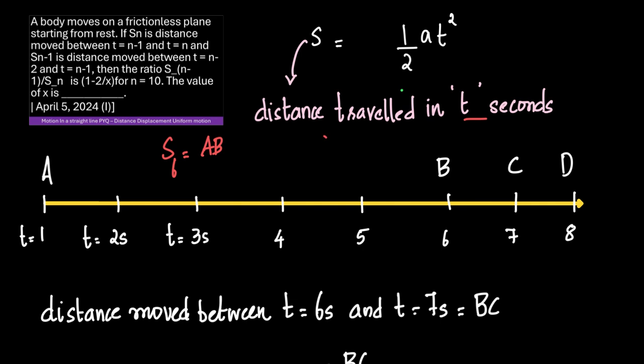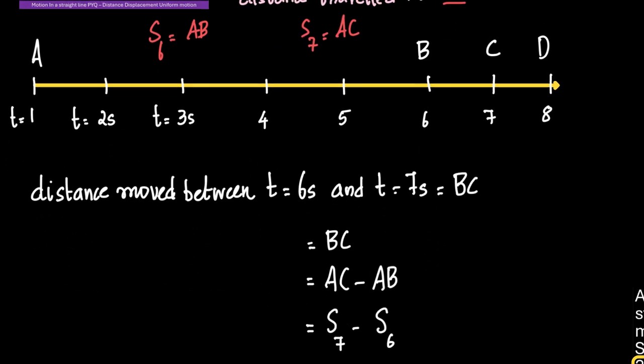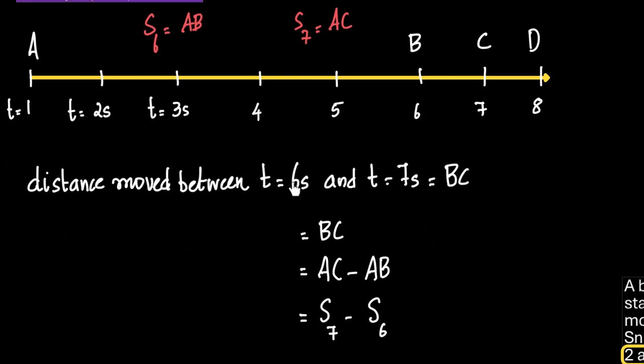And S7 represents the distance traveled in 7 seconds, which is AC. So the question here is, what is the distance moved between t is equal to 6 seconds and t is equal to 7 seconds?